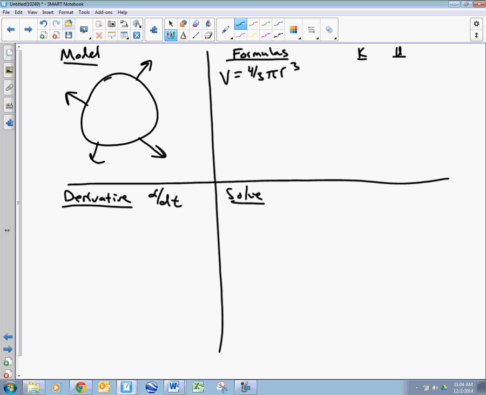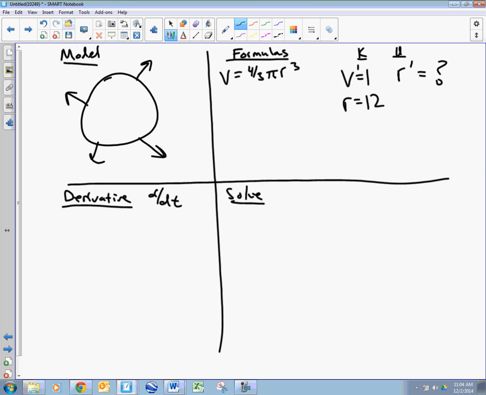So the known is V prime is equal to 1. Do you know the current radius? What is it? What are we trying to find in this problem? The rate at which the radius is increasing. So the unknown is r prime. That's what we want to be able to find.